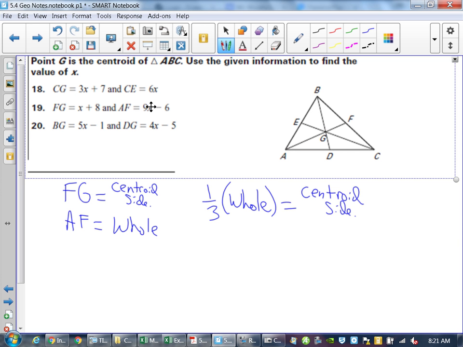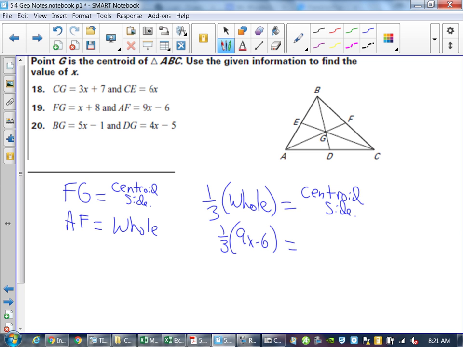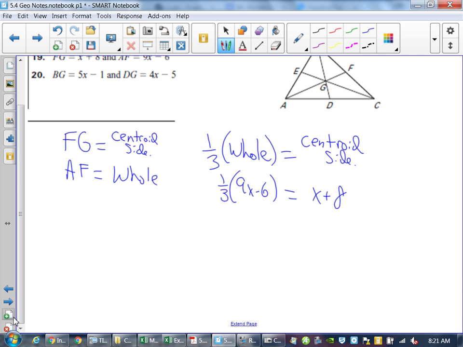The whole thing was the AF. 1/3 of 9x minus 6 is x plus 8. The tricky part here is to remember to distribute to both terms within the parentheses. What's 1/3 of 9? And what's 1/3 of 6? 2.